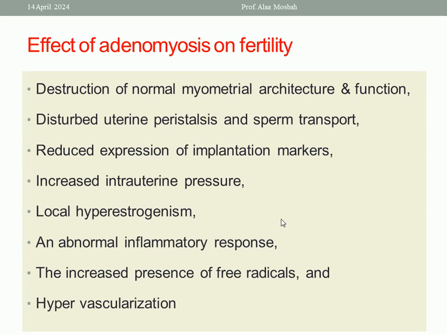Destruction of normal myometrial architecture and function. Disturbed uterine peristalsis and sperm transport. I need the uterine peristalsis for sperm transport and for the fertilized ovum to be implanted in the endometrium. So, disturbed uterine peristalsis can cause infertility.